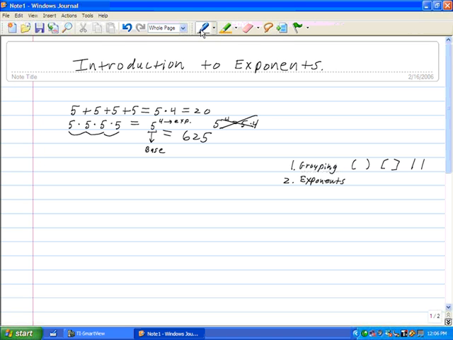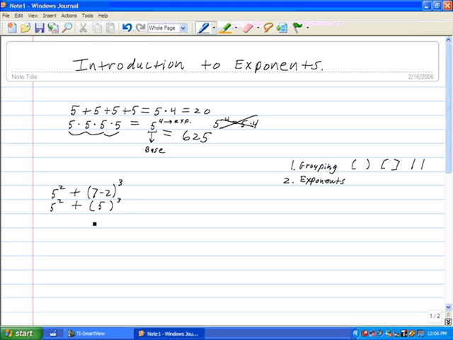So let's take a look at 5 squared plus the quantity 7 minus 2, cubed. Okay, so the first thing order of operations says is your grouping symbols. So we'll hold off on the 5 squared, we'll hold off on the cubed, and we'll do 7 minus 2 first, which is 5.